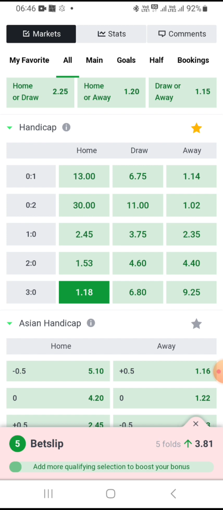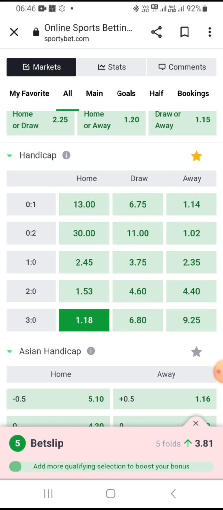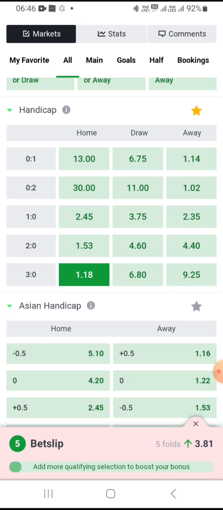If you give 3 and Tottenham wins 3-0 in this match, you'll be praying for at least Leicester to score 1 goal. If the score ends up before 3, can't Leicester score 1 goal in this game?